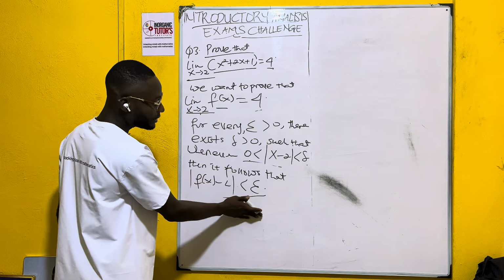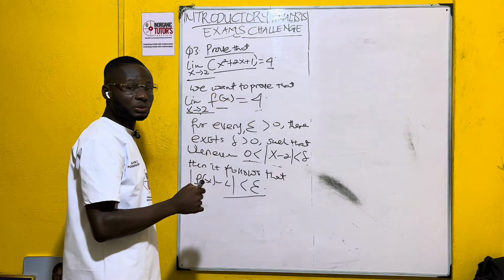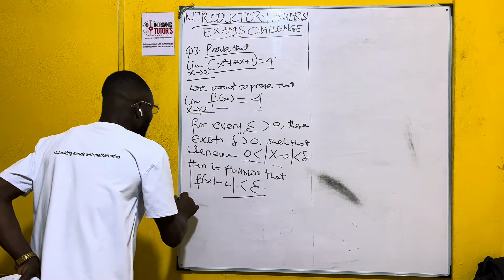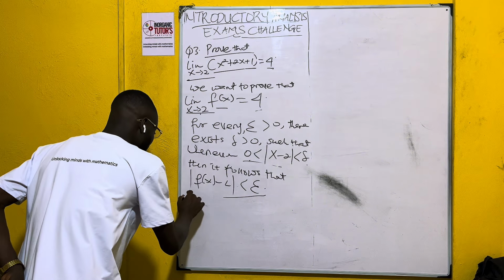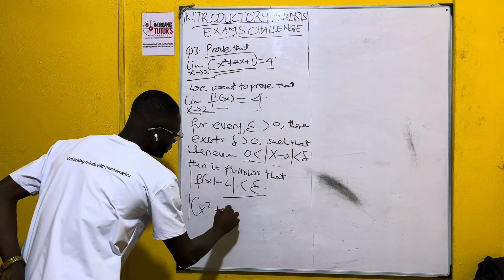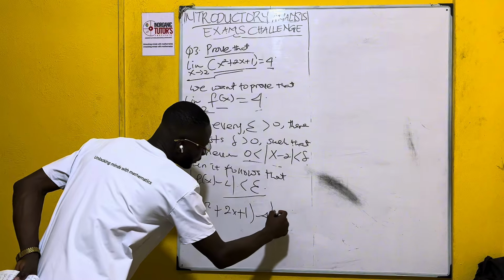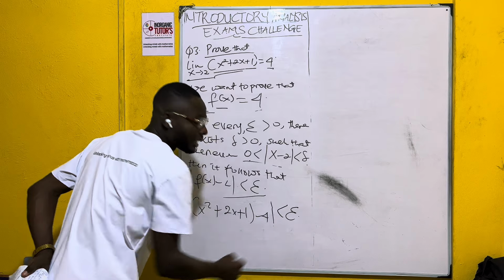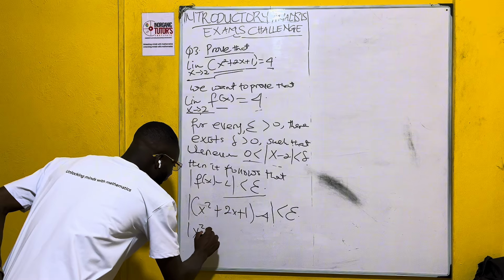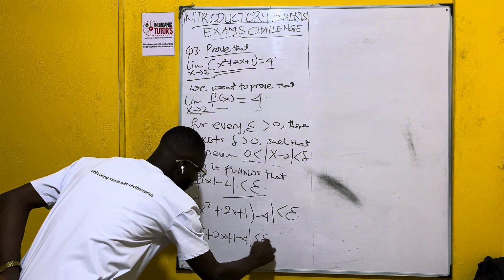So this is what we have; we have been able to define it, right? The next step is to substitute the function inside what we have defined. So step 2, we substitute the function. So we have the absolute value of x squared plus 2x plus 1 minus 4 less than epsilon, right?